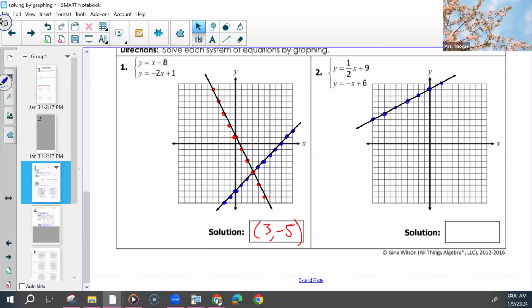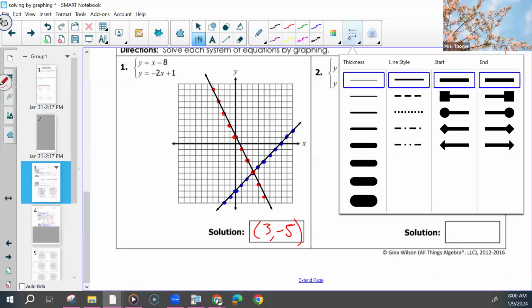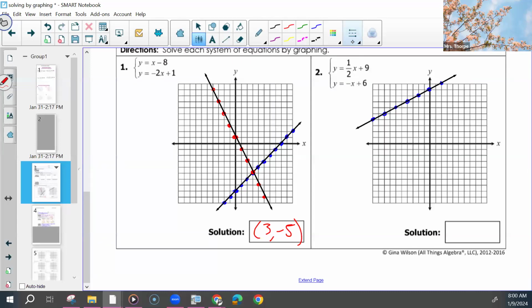And then draw the other one. That one starts at 6. Slope is -1, so down 1, right 1 as many times as possible. Up 1, left 1.